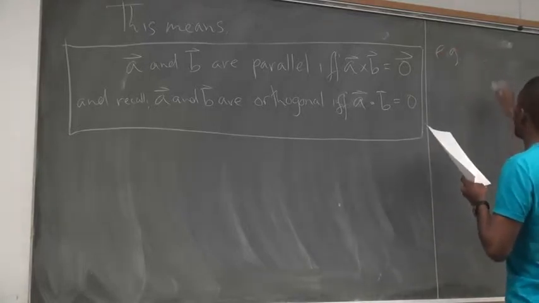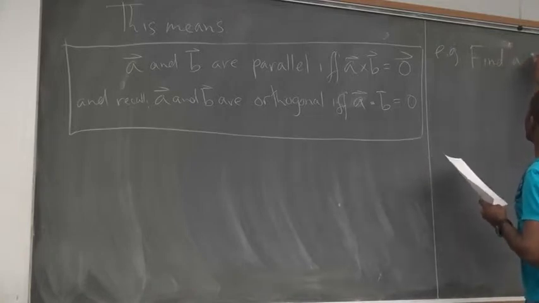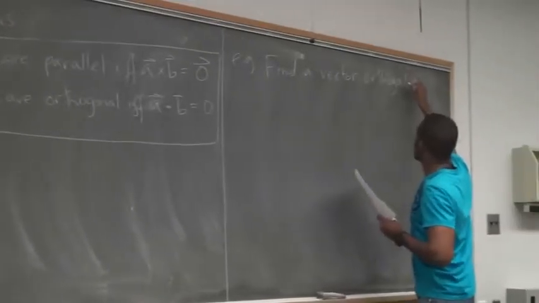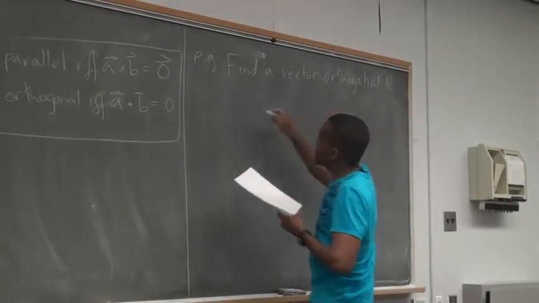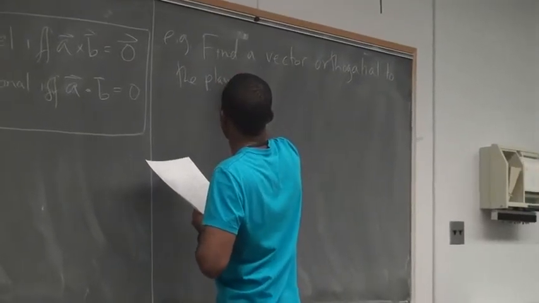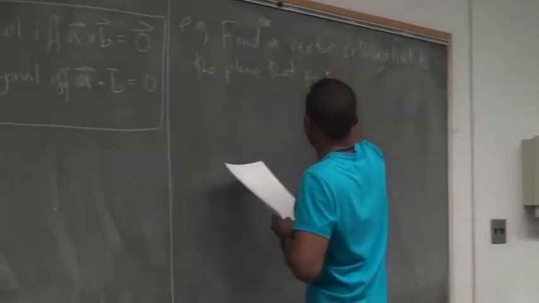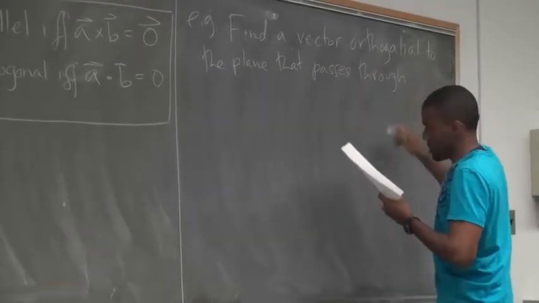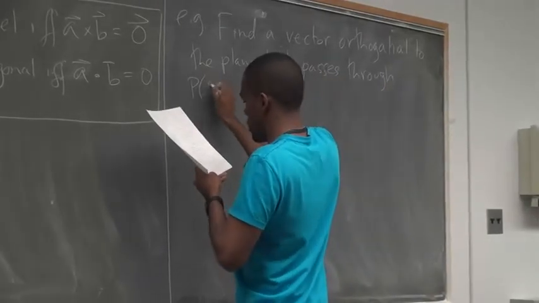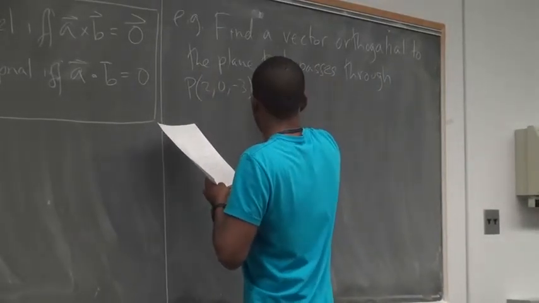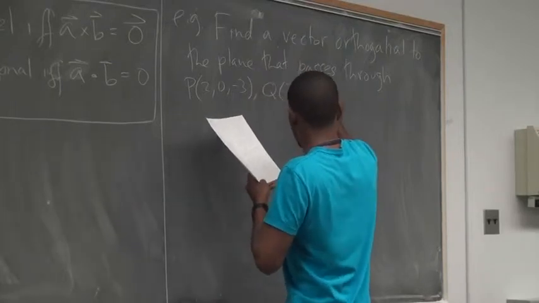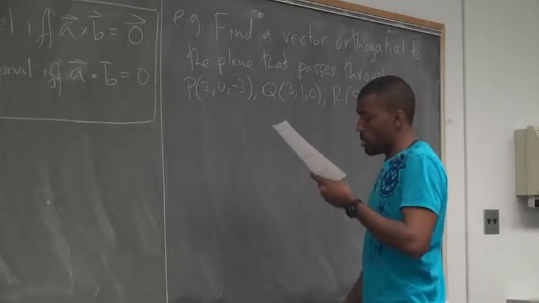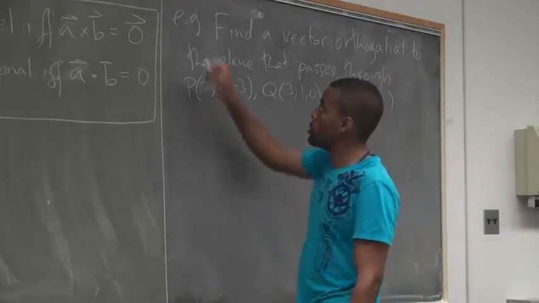Example: find a vector orthogonal to the plane that passes through these 3 points: 2, 0, minus 3; 3, 1, 0; 5, 2, 2. I believe this is actually a problem from the first edition. I think that was problem 28 from the first edition.